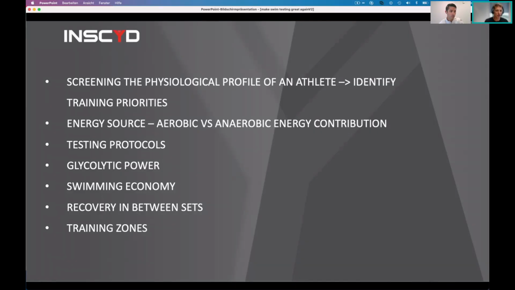With that, we also need to address testing protocols and look a little bit at glycolytic power or glycolytic energy metabolism. Then, as I said, we're going to look at swimming economy, and Parker's going to chime in here, and we're going to look at recovery in between training sets, and also building out specific training zones.